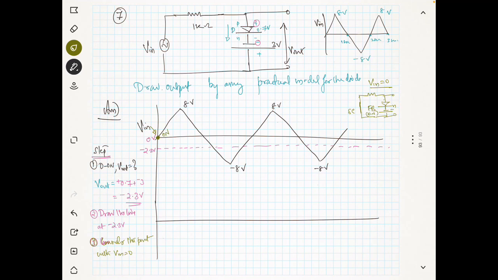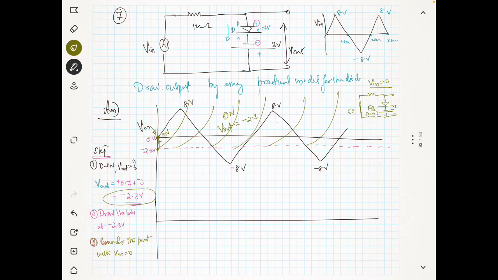That means all the portion, you can see here the 0 is above our line. So all the portion which is above the line will be in on state. And when the diode is in on state, V out will be equal to minus 2.3 volt.